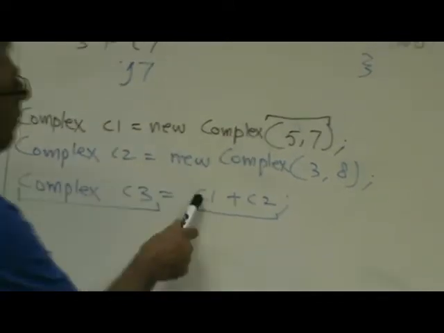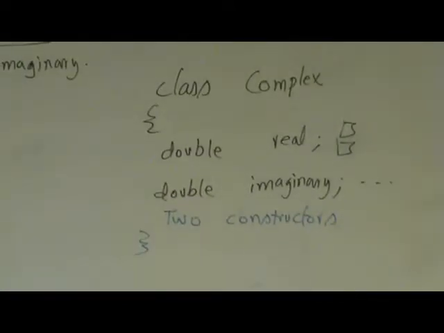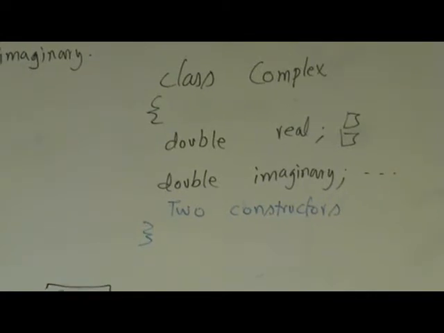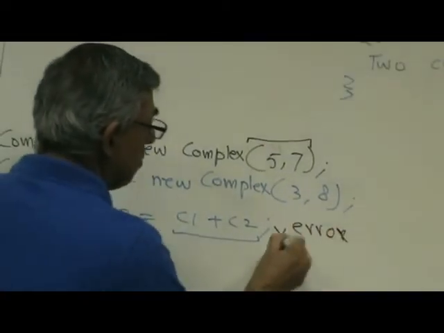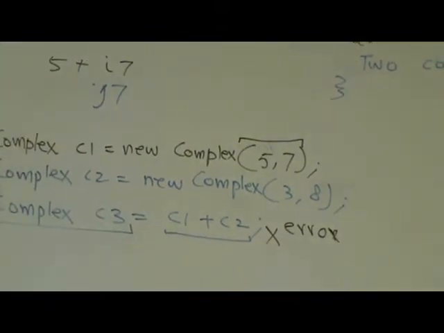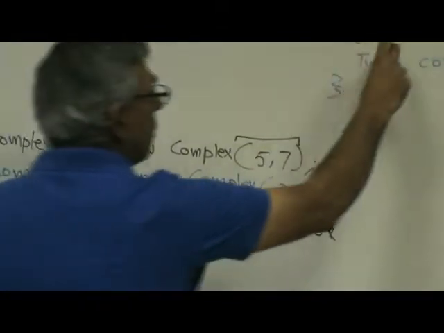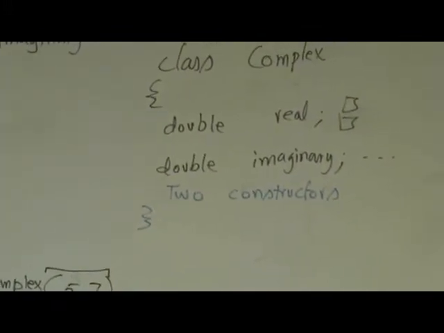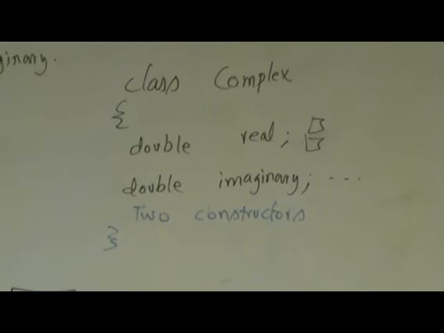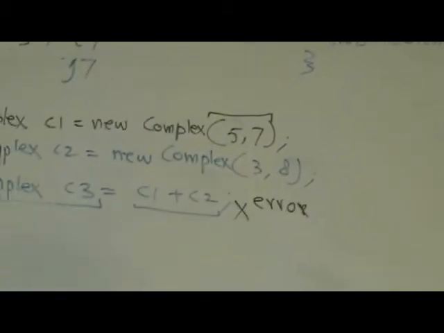So it will come over here and say, oh, I don't know how to add, and will produce an error on this line, so this will not even compile, right? So this is where, if we can write a function over here to say how plus works on two complex numbers, then the compiler will call that function and it will work, okay?